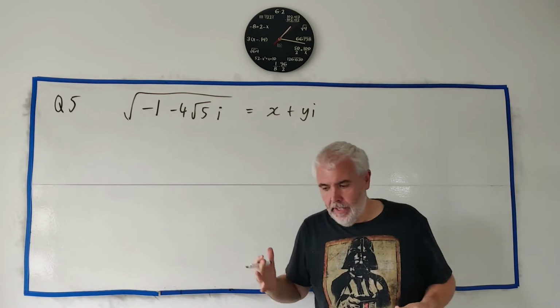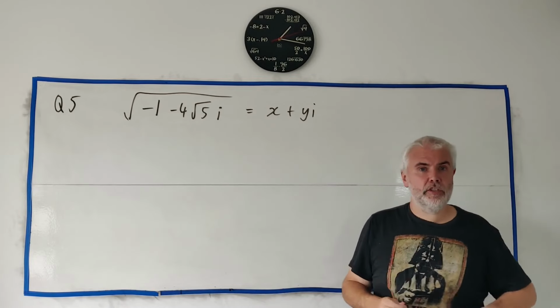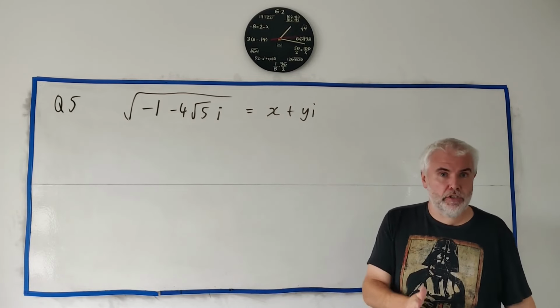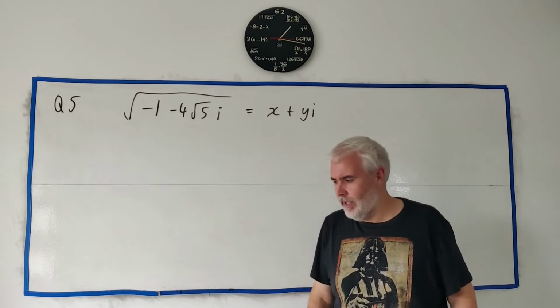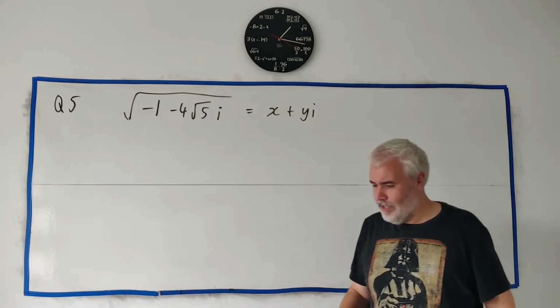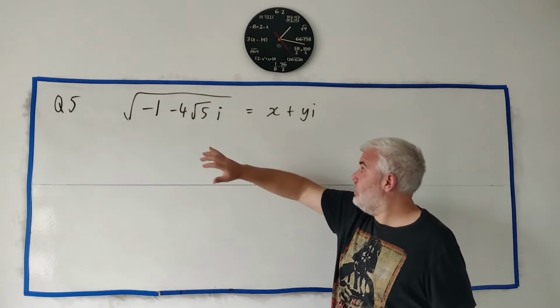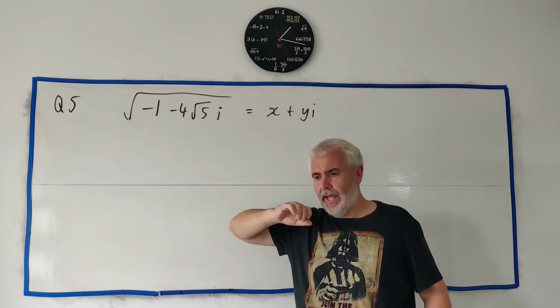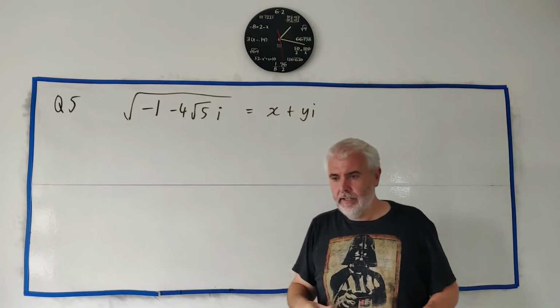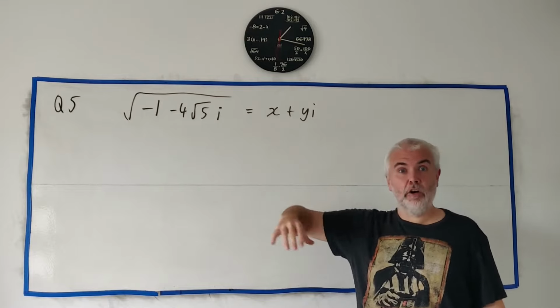Basically, solve this. Now the problem here, well, it's not really a problem, there's actually two ways to do this. One way, which I'm not going to do because they don't really want us to do it, and I guess I can't really do it either, is to use De Moivre's theorem. That is to change this into cosine and sine, the polar form, and use De Moivre's theorem to get it to the power of a half.